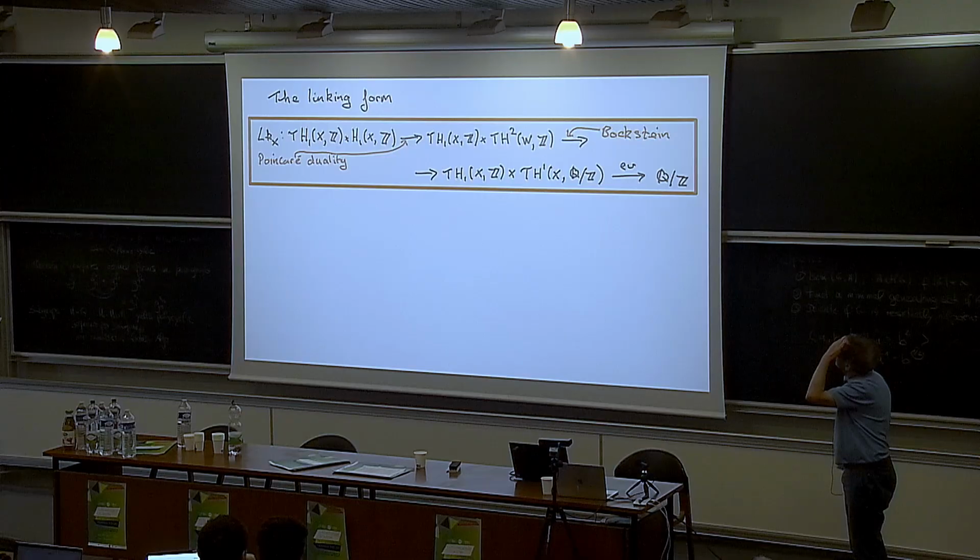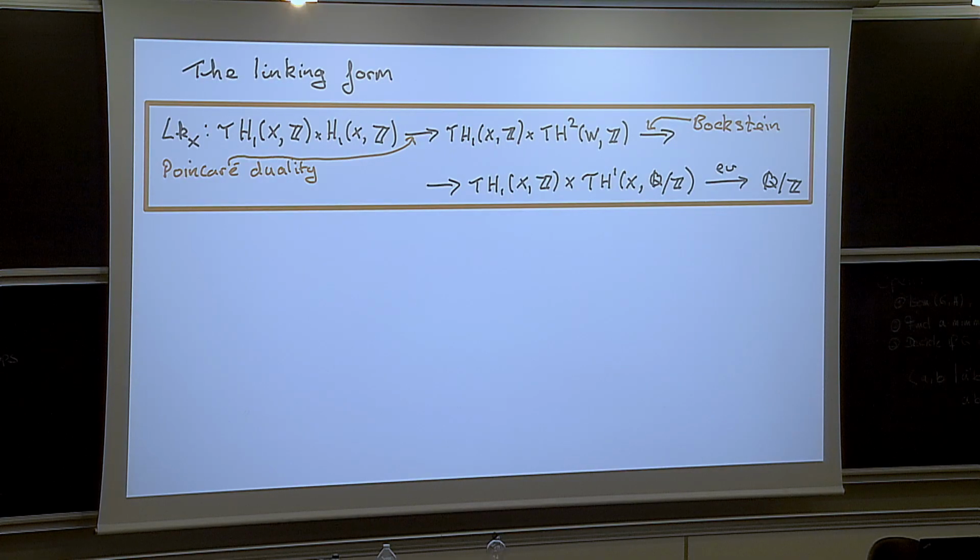I will mention, maybe I won't run through this example, that there's something called the linking form. The linking form is a form which inputs two elements of the torsion part of the first homology of your space.